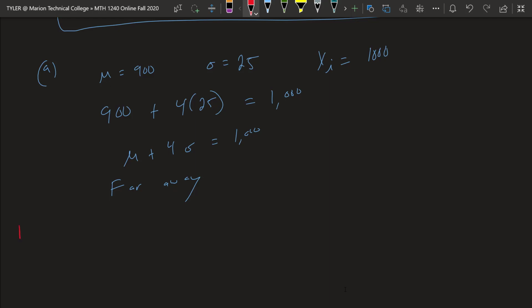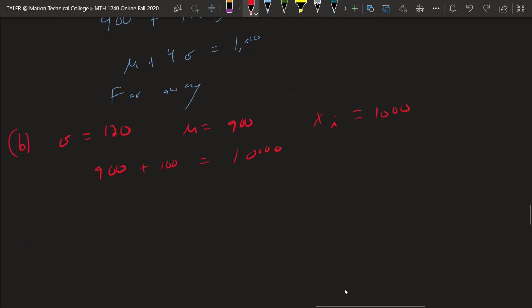Where part B is looking at the same thing, but now my standard deviation is 120. So we're still thinking the mean is 900, and I'm looking at the value of 1,000. I want to know, is that far away? So in this case, I would have to take 900 plus 100 to equal 1,000. Something that's important to note is that this number is smaller than 120.